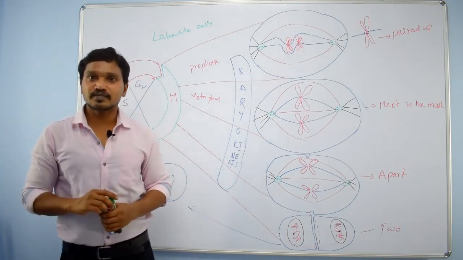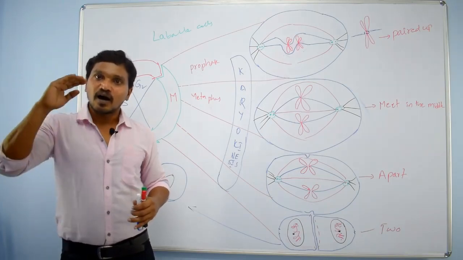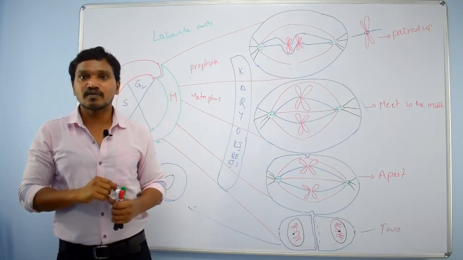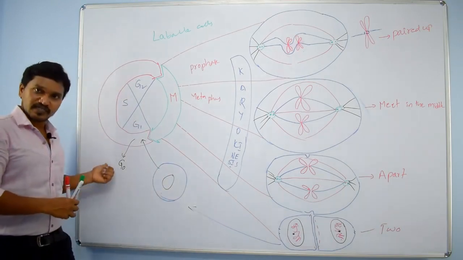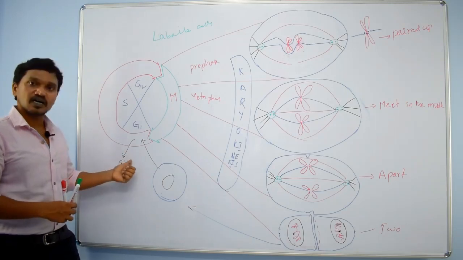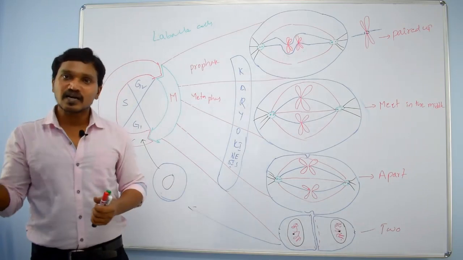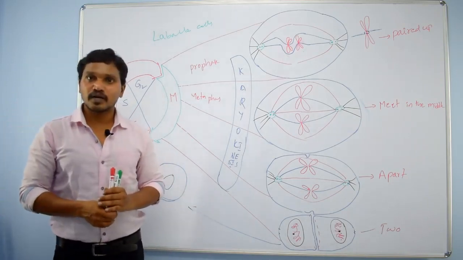Let me give you an example. Take liver cells. Once the liver reaches its normal size and shape, the cells present in the liver, that means hepatocytes, undergo quiescence. That means they will be resting in the G0 phase. In normal circumstances, they will not enter into cell cycle, right.